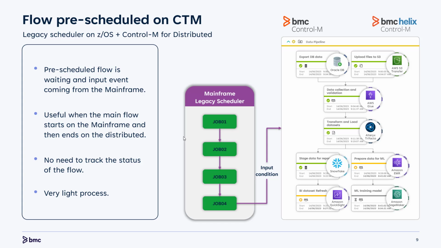It's very useful when the main flow starts on the mainframe and then ends on the distributed side. You don't need to track the status of the flow because you just need to add an event or a condition. And this is a very light process. We're just creating the event using the automation API, and that's all. Control-M will take care of everything.